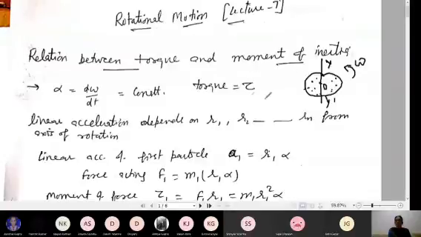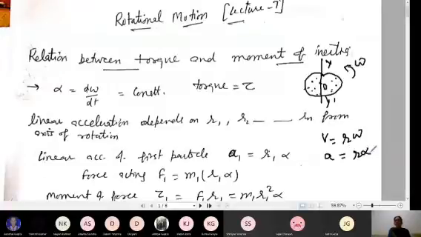By my previous knowledge, I know that angular acceleration alpha is given by d omega by dt. We are keeping angular acceleration constant. For linear velocity, v equals r omega, so it depends upon the positions r1, r2, r3. The relation between linear acceleration and angular acceleration is a equals r alpha.